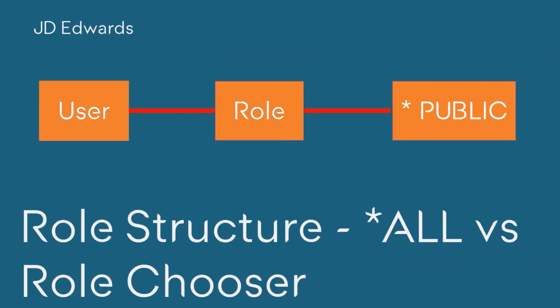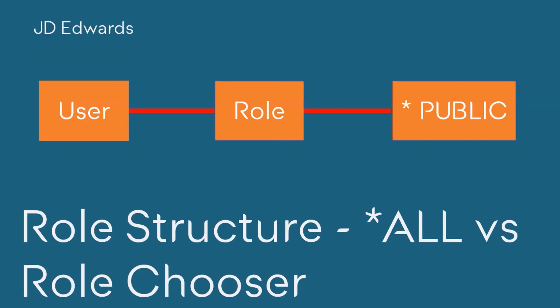So this hierarchy has caused you as customers a lot of headaches over the years, certainly in determining why users don't have the access they need, or on the flip side, why they have too much access. And to go with that, the flexibility continues into the way that users sign into the application.